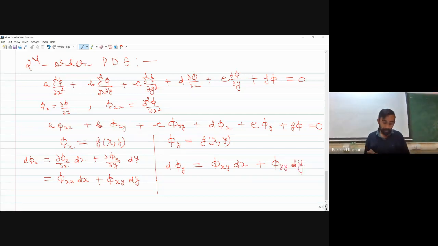Now one more thing I will be doing, because I have told you that while we are estimating the characteristic direction, we have to consider the direction along which the highest order derivatives of the partial differential equation are indeterminate.